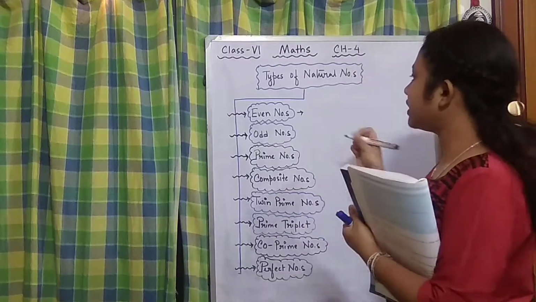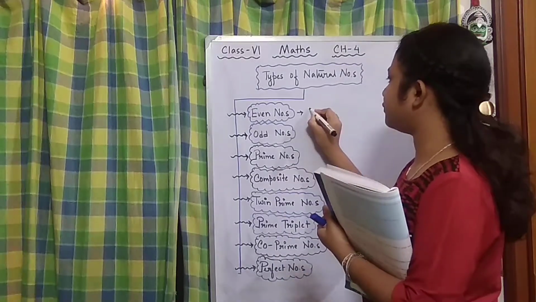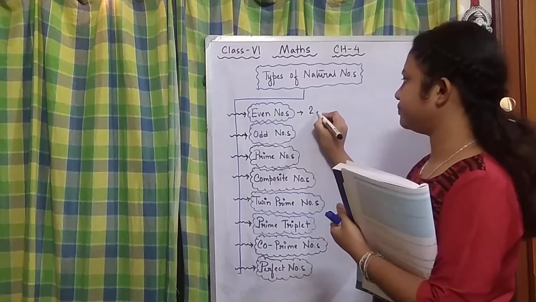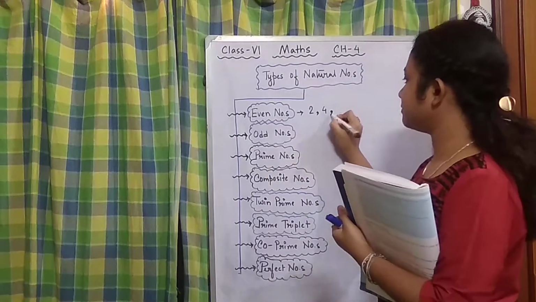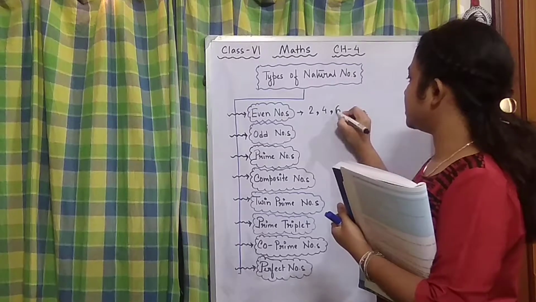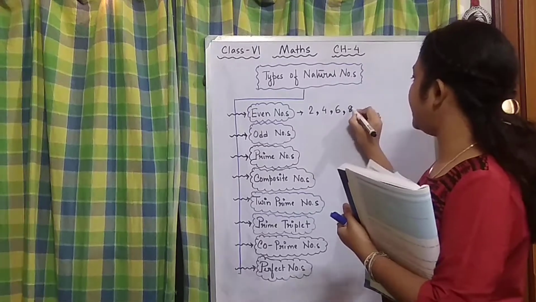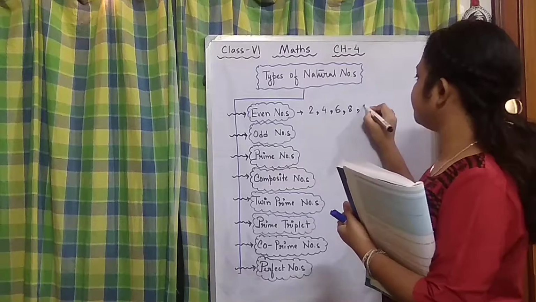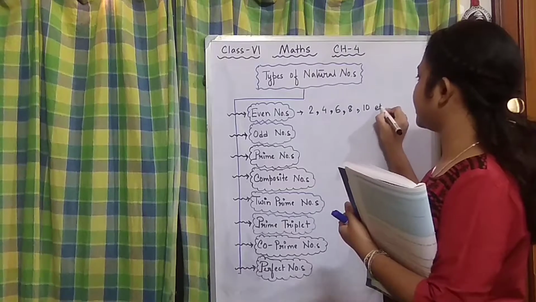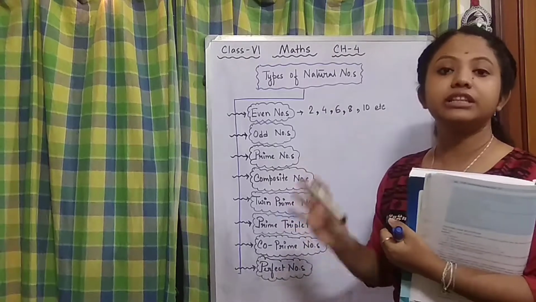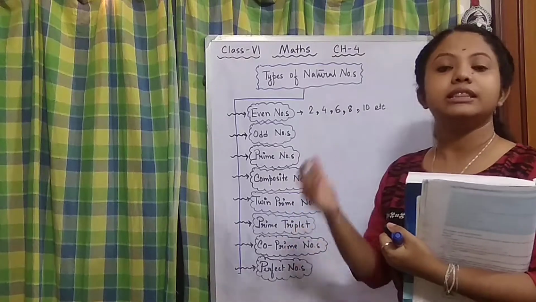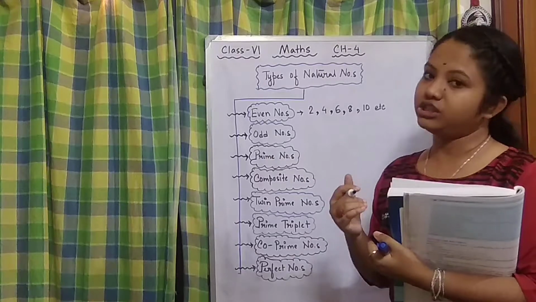Like 2, 4, 6, 8, 10, etc. So their category is that they are divisible by 2.